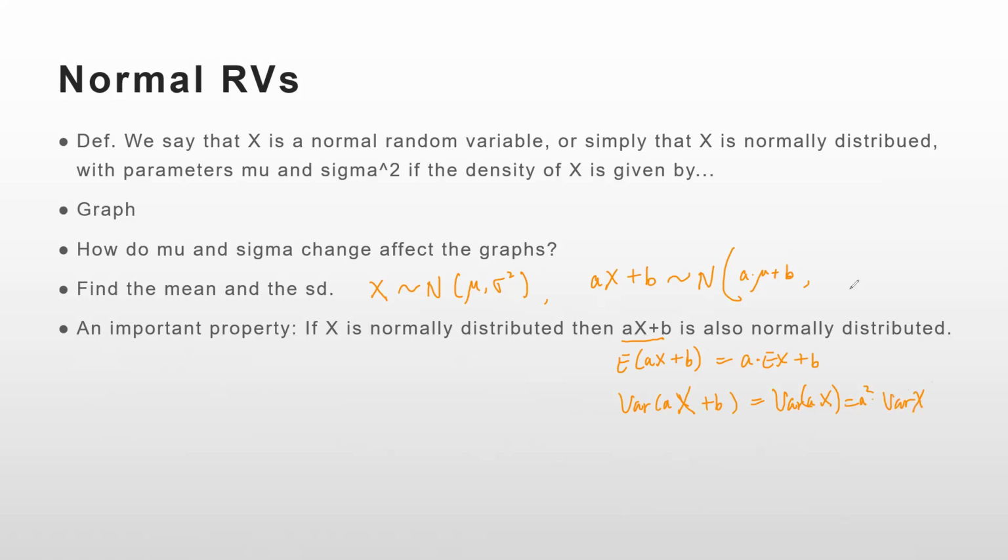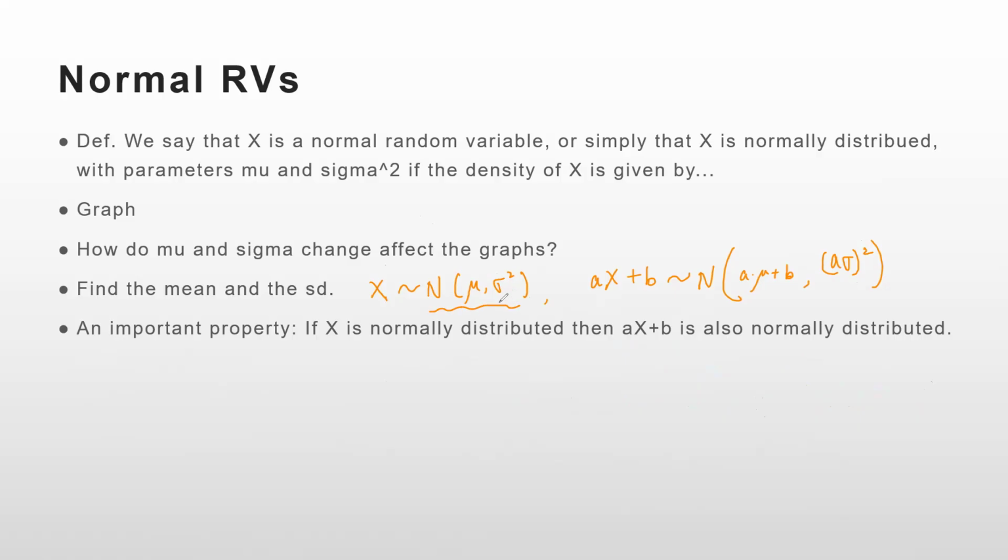So I have a new variance a squared sigma squared. Okay, so that's the new distribution, which is normal with mean a mu plus b and variance a squared sigma squared.